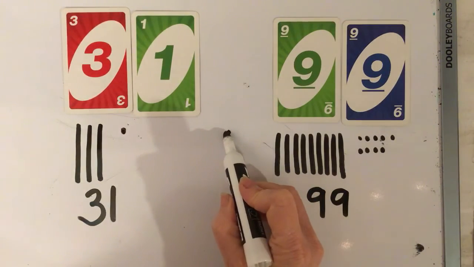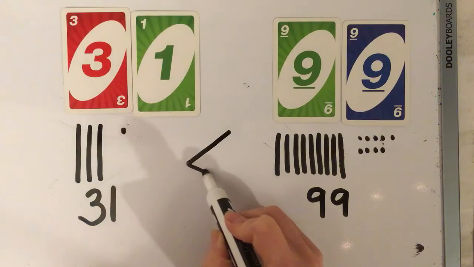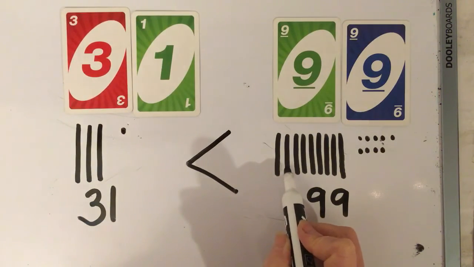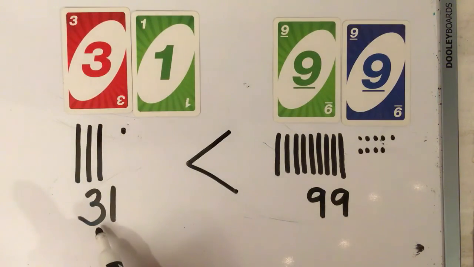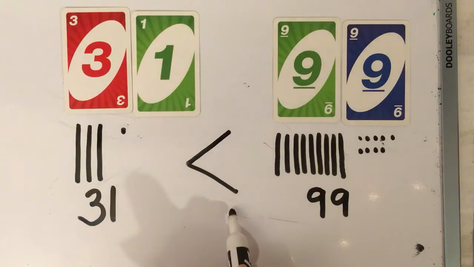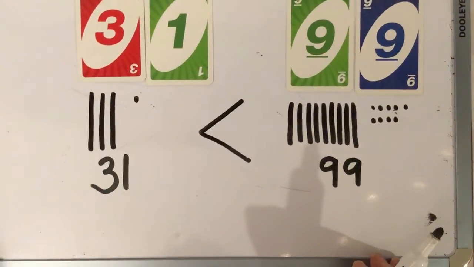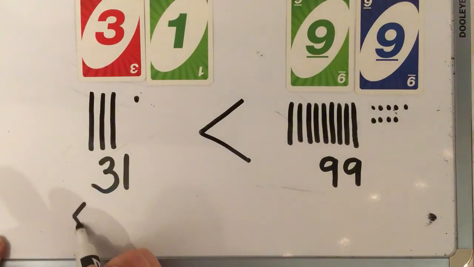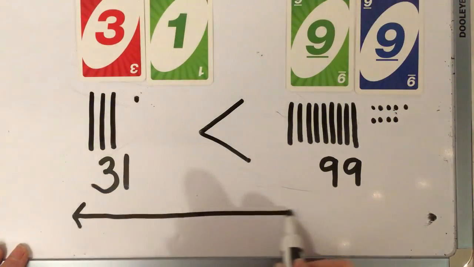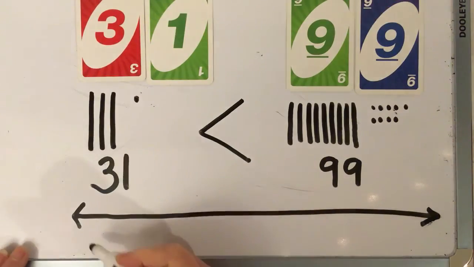So I need my sign to have the big side towards the big number, and I say 31 is smaller or less than 99. I'm going to draw my open number line to prove, and I'm going to draw it by tens.